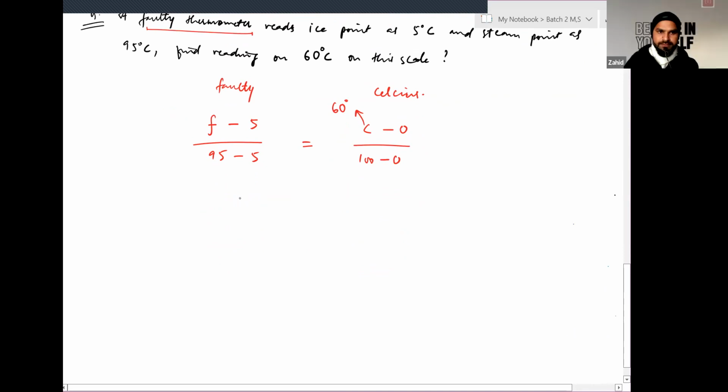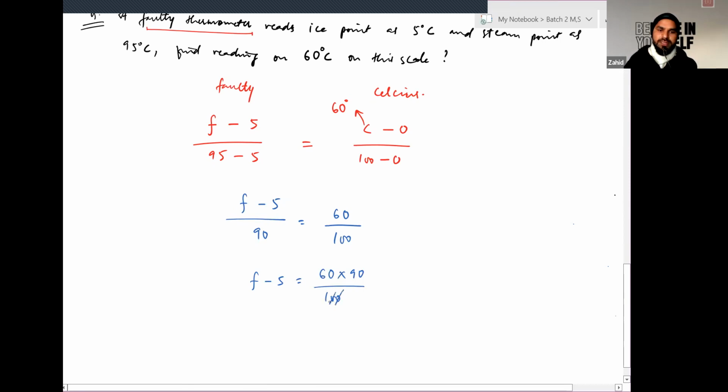Okay, let me solve. (F minus 5) divided by (95 minus 5), which is 90, equals 60 divided by 100. So move this 90 to the right side. You'll get F minus 5 equals 60 into 90 divided by 100.